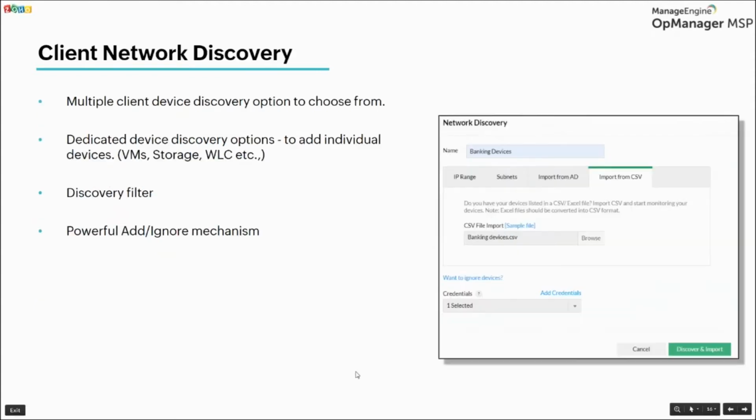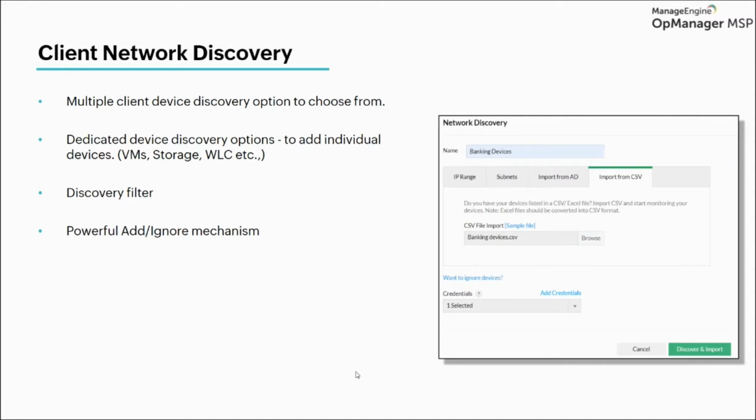So the first topic which we are going to see is network discovery. When we talk about network discovery or discovering in bulk using OpManager MSP, we have multiple client discovery options to choose from. Here we can discover the devices individually or in bulk. When we talk about bulk discovery, we can do it based on IP range, subnet, or import them directly from your Active Directory.